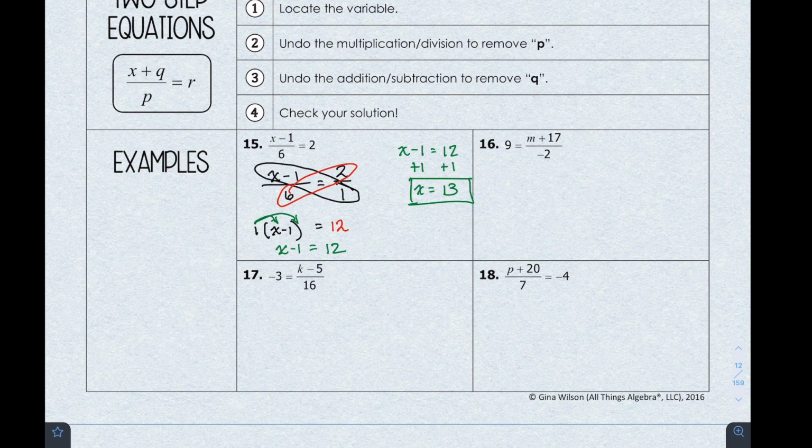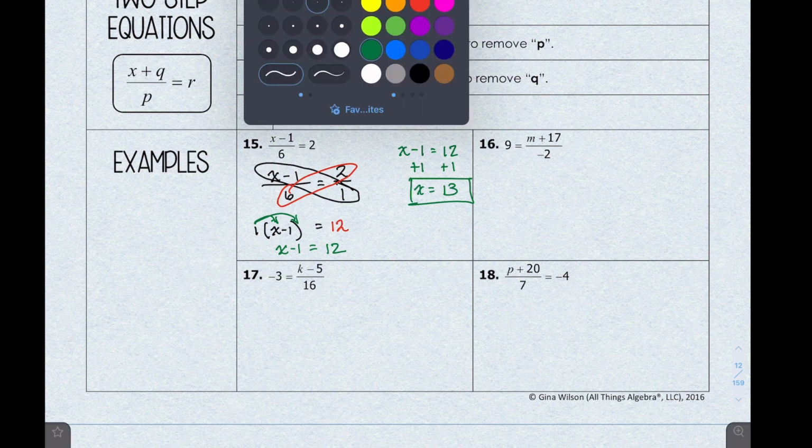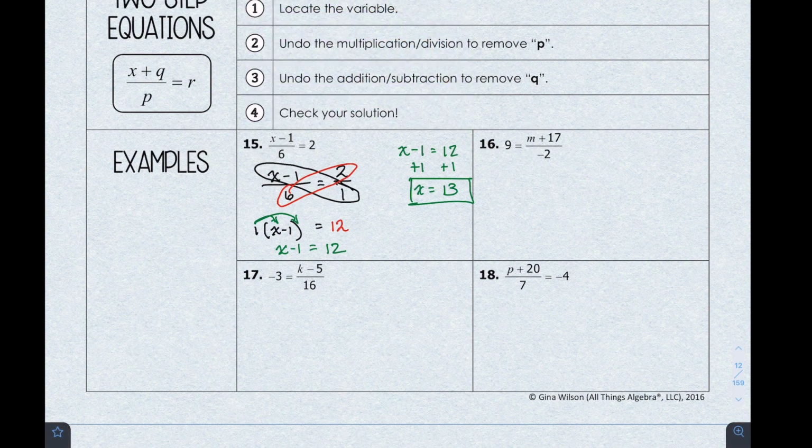Okay? Let's go look at number 16 and I'll show you another way. So what we have to realize is this m plus 17, that's all one thing right now. That's on top, the numerator. I can't move that 17 until I've gotten the denominator gone, okay? So what can I do? Well, I'm dividing here by a negative 2. So if I multiply by a negative 2, I then get negative 18 equals m plus 17.